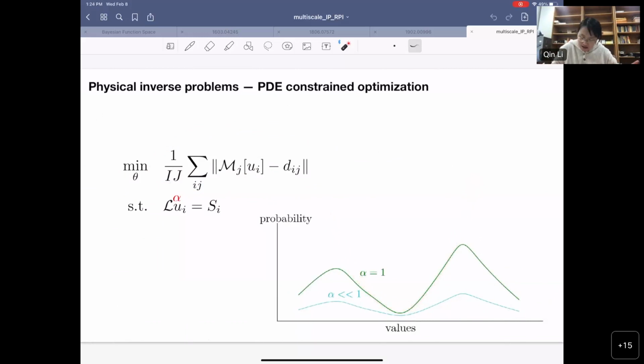But if you're insensitive, you have a very flat region, then you have a very large region that can be sort of regarded as a minimizer. So this is a very bad problem. So in reality, we basically need to think about how to design our problem that are kind of equivalently described by 2 different mathematical formulations, but something has a better conditioning in the PDE constraint optimization setting.